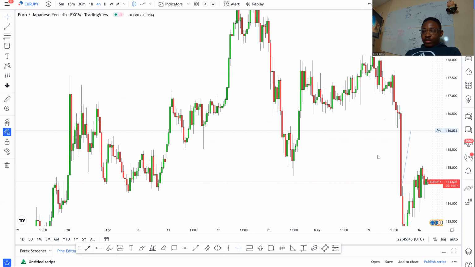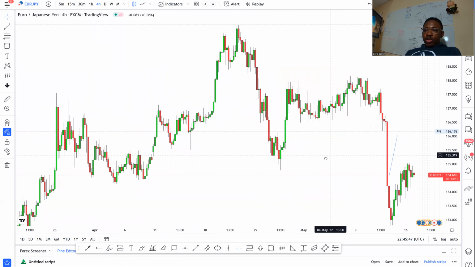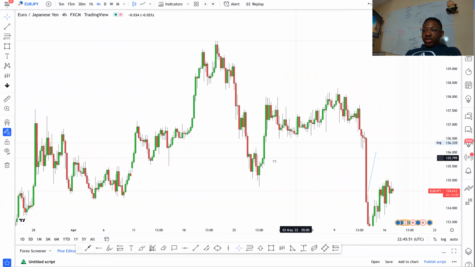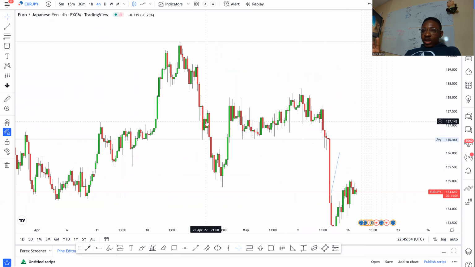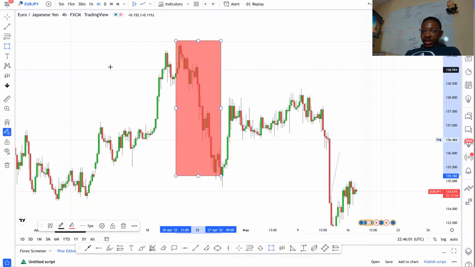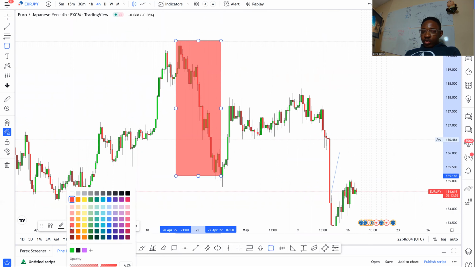So when you look at the graph, I call it graph, you should be able to tell, depending on the direction of the market, which of the teams is winning, not just one candle, but the general view of the market. So I'm going to highlight some regions. From the region that I've highlighted, which team do you think won or was in control of the market?